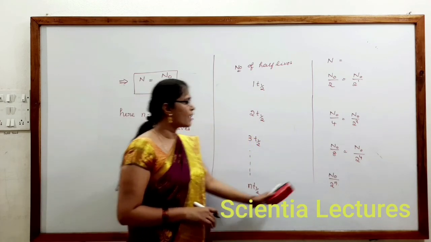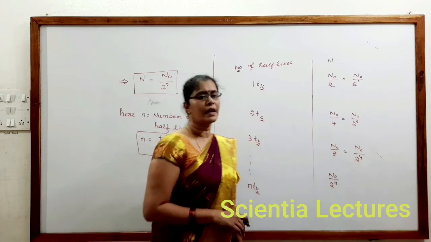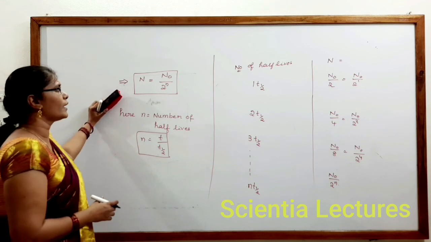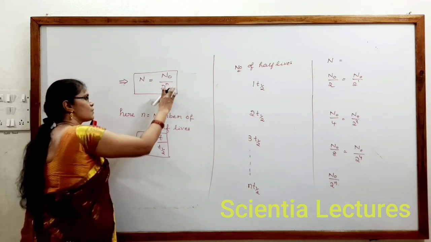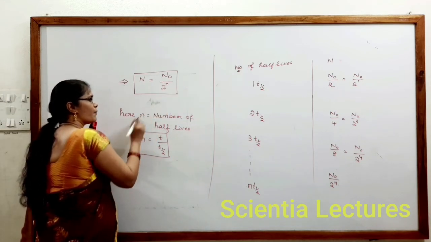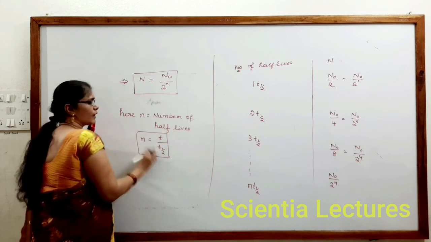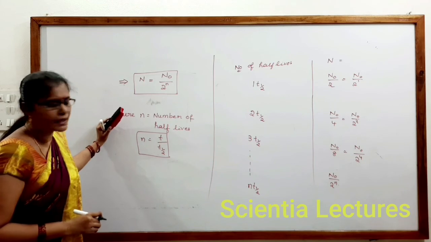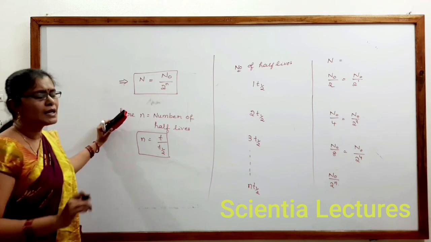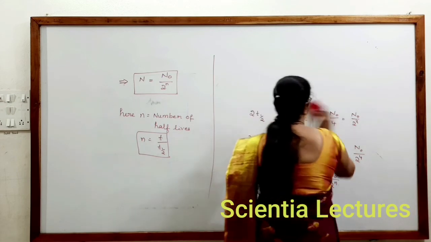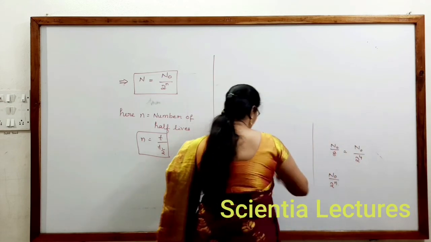In the nth T half, what would be the remaining amount? N naught by 2 power n. So what we can write here is N is equal to N naught by 2 power n, where small n is the number of half-lives, that is, in the total given time, how many half-lives were present, indicated by small n.